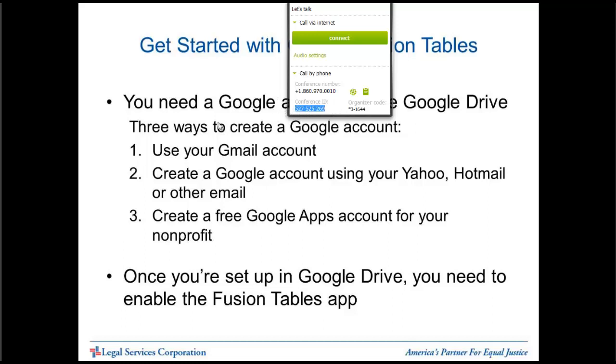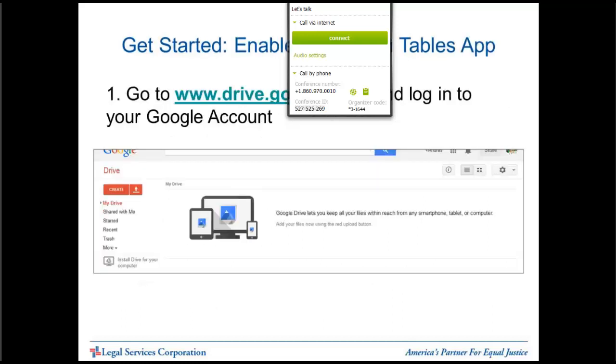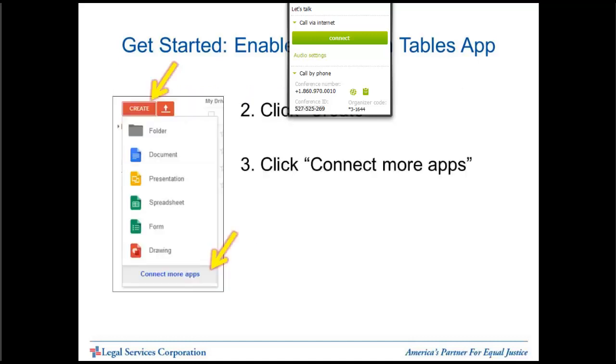Once you're in Google Drive, we need to actually enable the Fusion Tables app. To get started, you would go to your Drive at drive.google.com and log into your account. Then you click the red Create button. There are some apps already there by default, but we need to connect the Fusion Tables app.